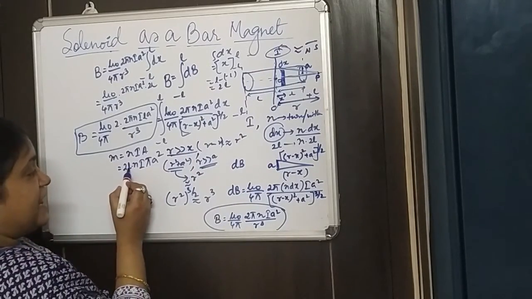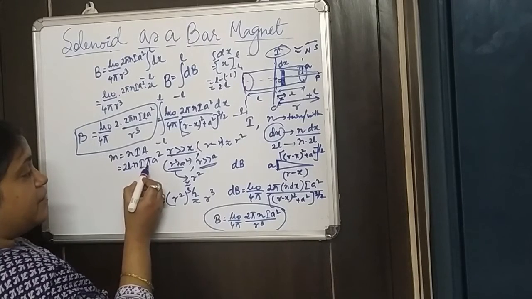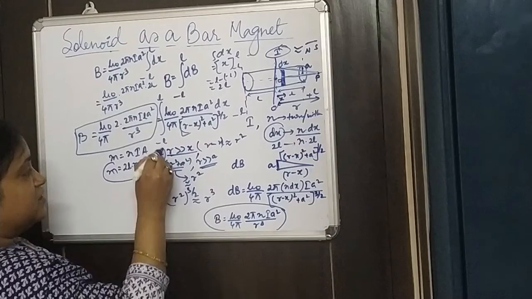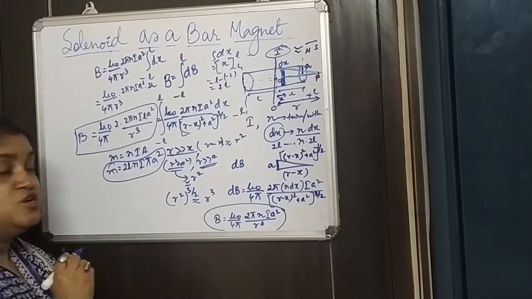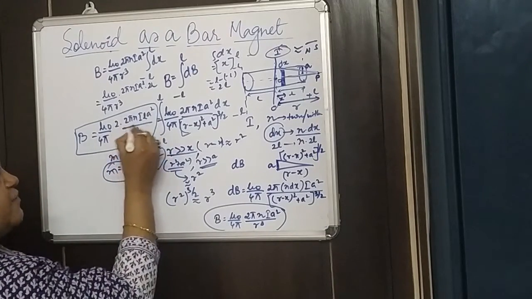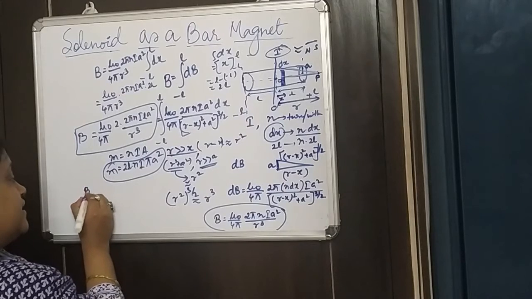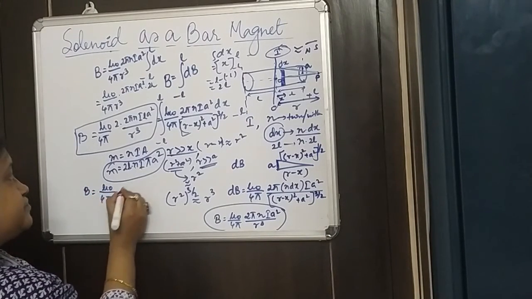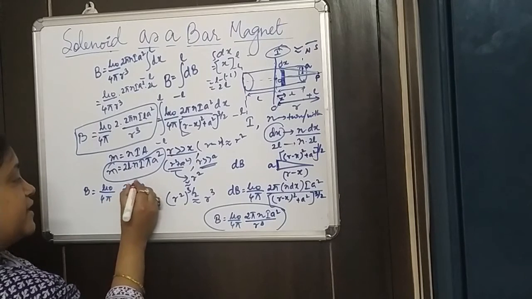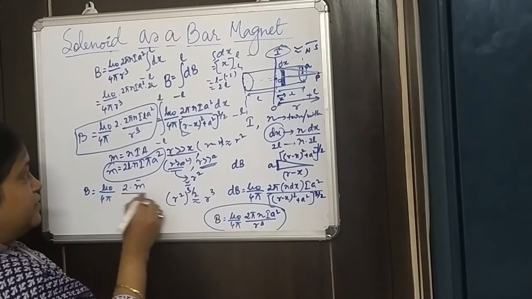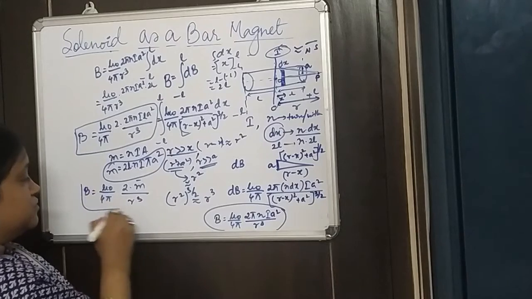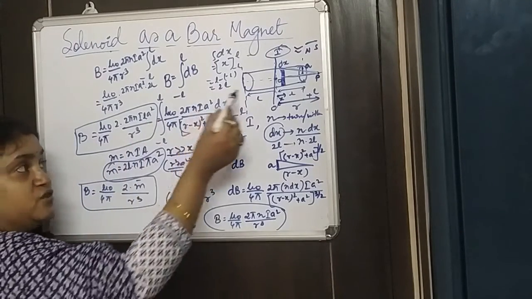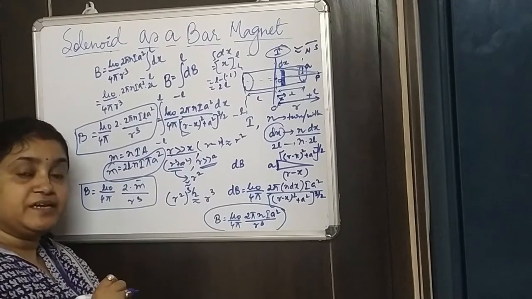So 2L n I pi a square. This whole thing is nothing but the magnetic moment of the solenoid, and we see the same expression here. So the magnetic field we can write as mu naught by 4 pi, 2 into magnetic moment M by r cube. So this is the magnetic field B for the solenoid in terms of magnetic moment.